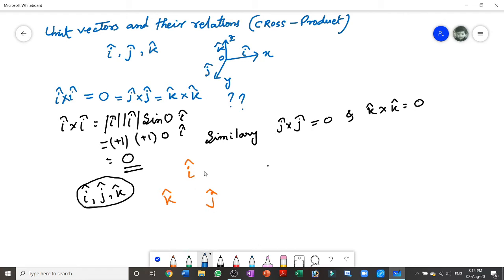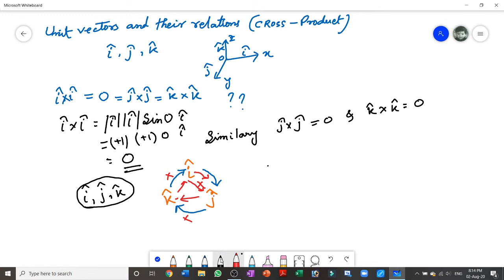In alphabetical way, after i we get j and after j we get k. Now if it rotates again, it will be again i. So every time we get a cross product of i into j, we will get k cap, that is i cross j, coming from this side, we will get k; j cross k, we will get i; and k cross i, we will get j.